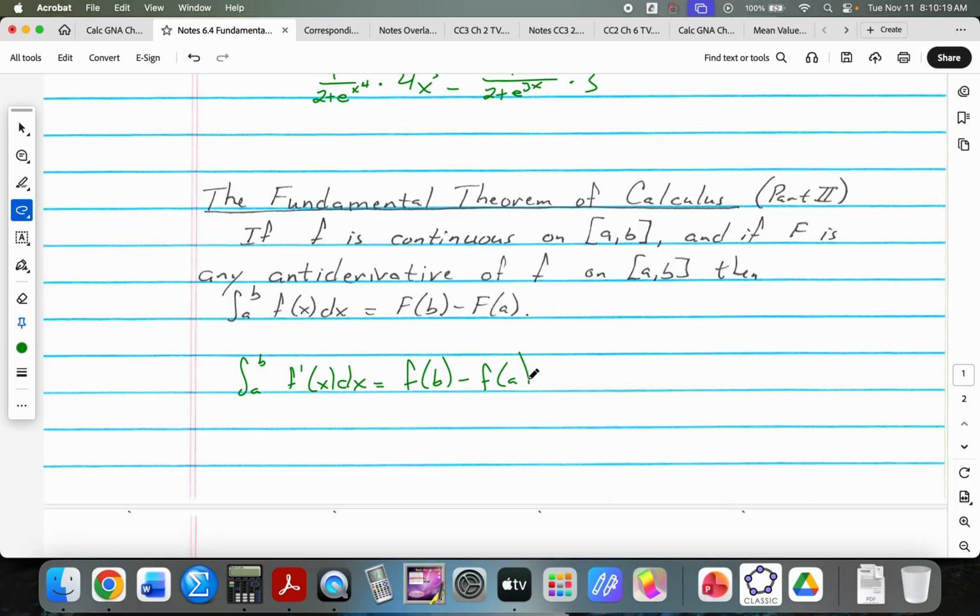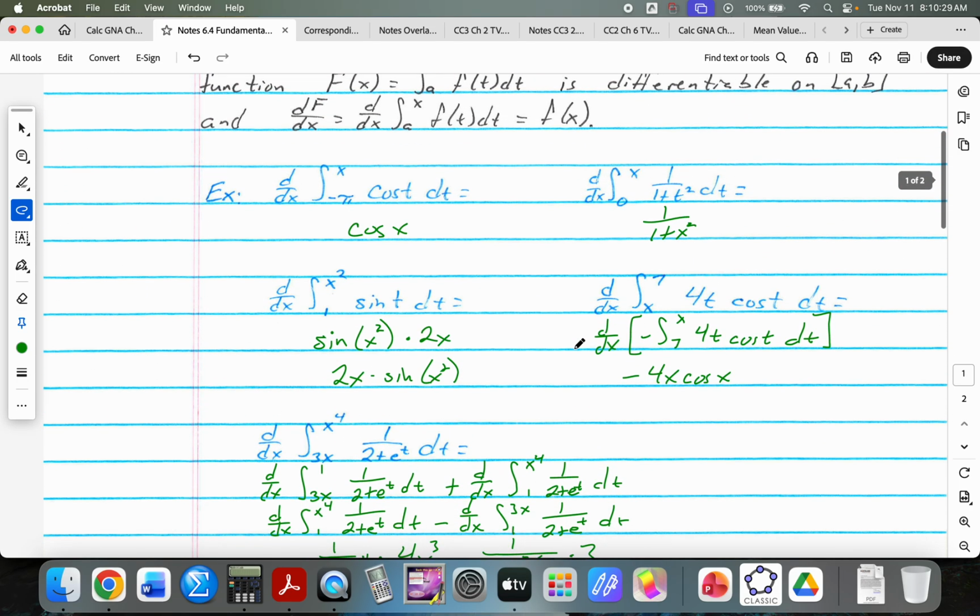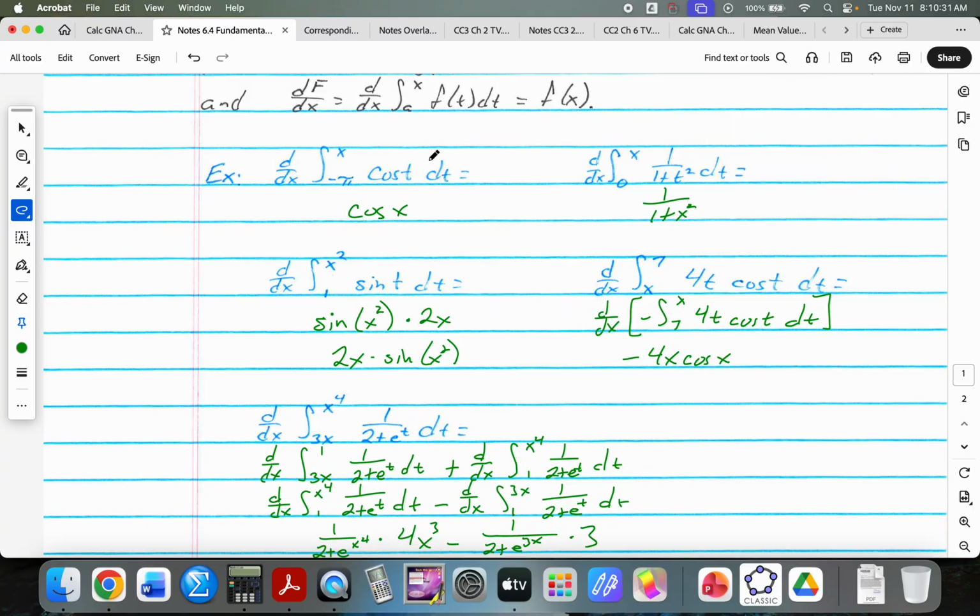This is sometimes called the evaluation part of the fundamental theorem. We'll look at some examples in just a second, but let's back up for just a moment to this up here, okay?